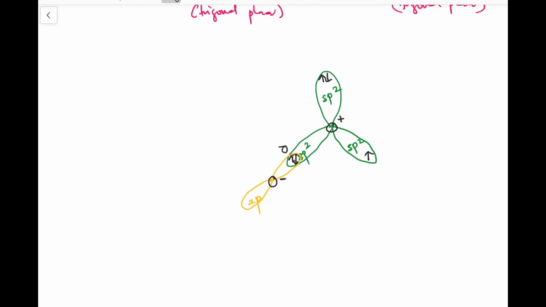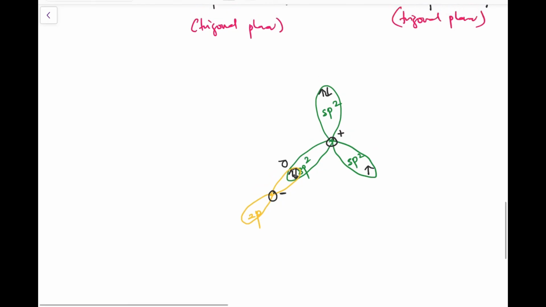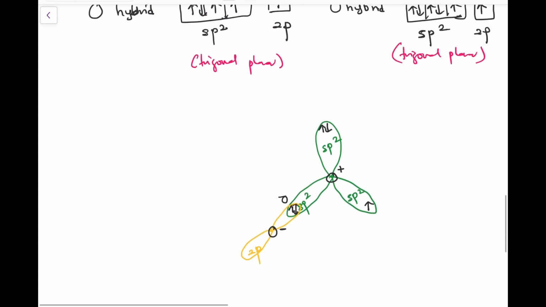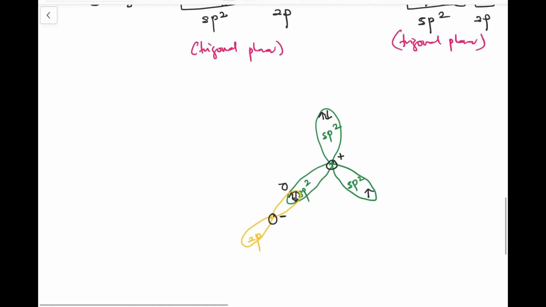And on the other side, oxygen number 2 will overlap with oxygen number 3, and oxygen number 3 undergoes sp2 hybridization. For sp2, the shape is trigonal planar. This is sp2, sp2, sp2. It is oxygen. It brings 1 electron, forming a sigma bond.